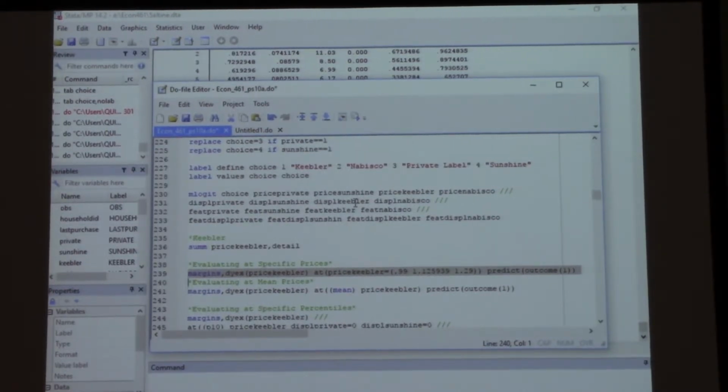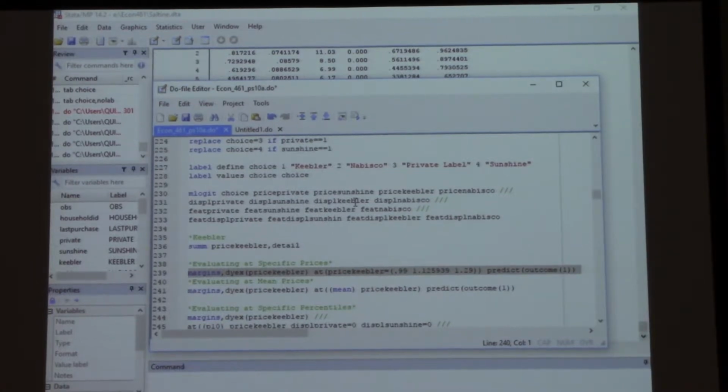Normally, an elasticity is the percentage change in quantity demanded over the percentage change in price. But with us, remember, our dependent variable is already a probability. So what you have is a change in the probability of choosing some brand. This is a slope resulting from a change in price.